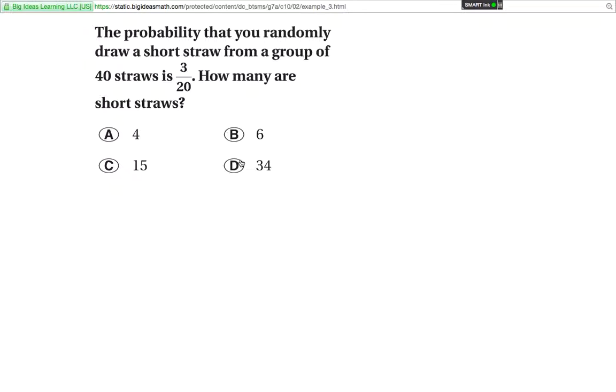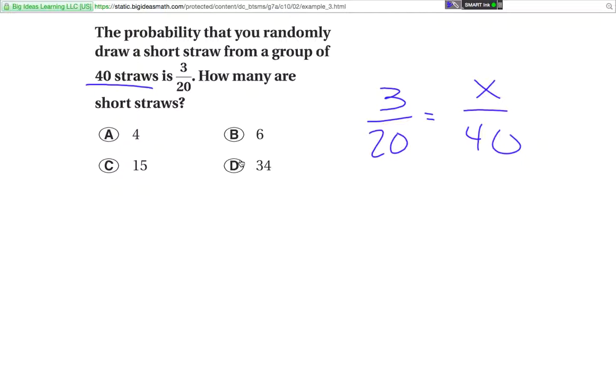How many total straws are they referring to? 40. So we're going from 3/20 to something over 40. That's how I personally set it up.